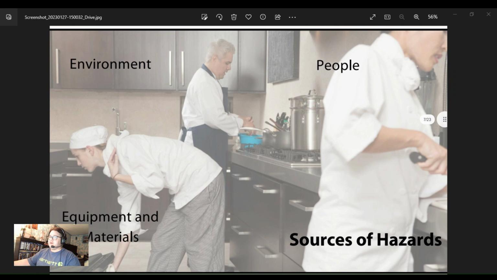Alrighty, and then we have our sources of hazards. We have three: people, equipment and materials, and environment. Let's start with the easier one. We'll go with equipment and materials. That relates to tools and materials used on jobs that can be sources of hazards. Some items are inherently hazardous and become hazardous over time due to inadequate maintenance or storage.